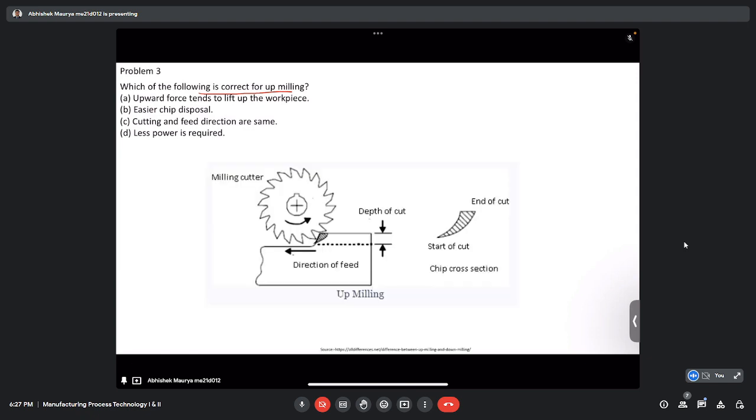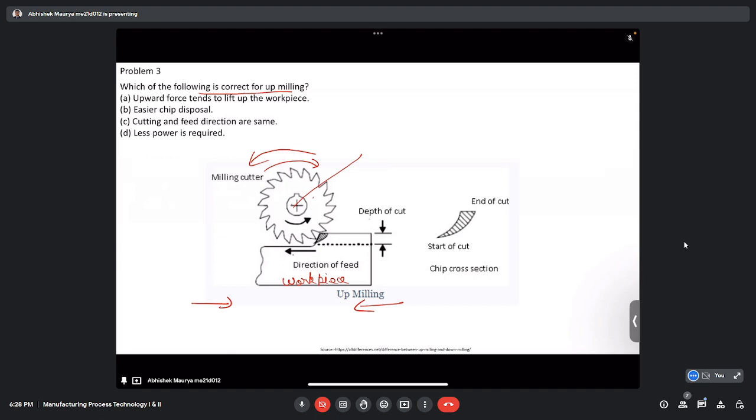This is our milling cutter, and this is the workpiece. The milling cutter has two options: either it will rotate clockwise or anti-clockwise. Similarly, the workpiece also has two options: either it can go left or right.